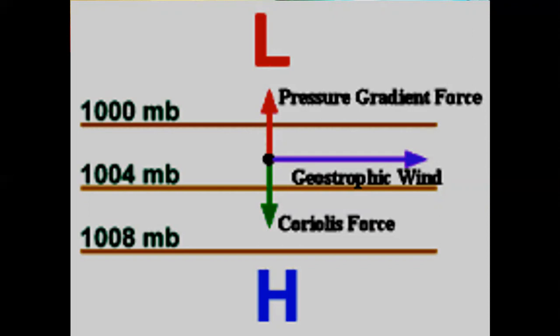The next is centripetal acceleration. It acts only on air that is flowing around the centers of circulation. Centripetal acceleration creates a force directed at right angles to the wind movement and inwards towards the centers of rotation.